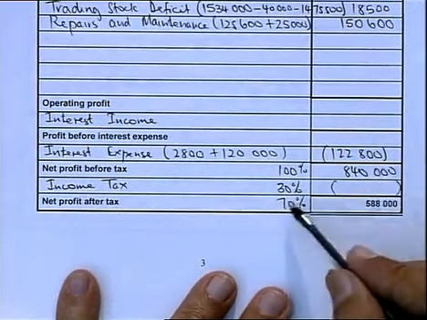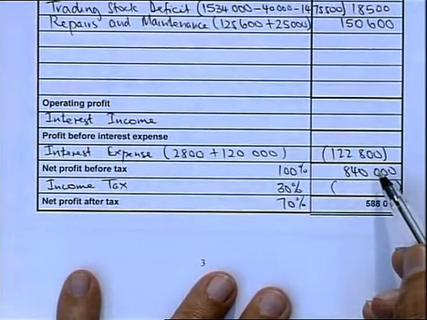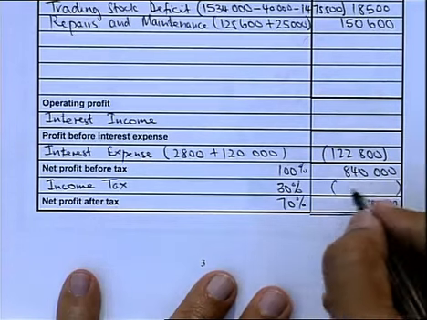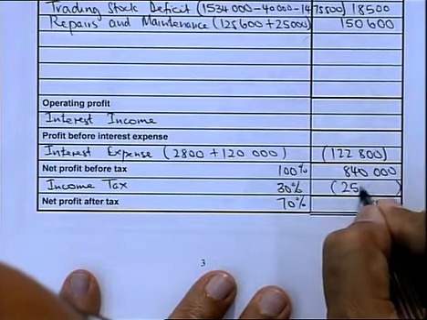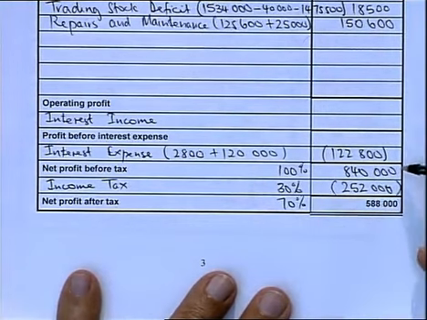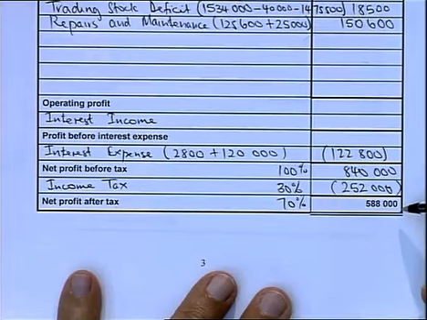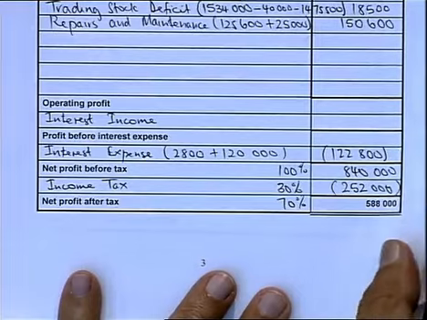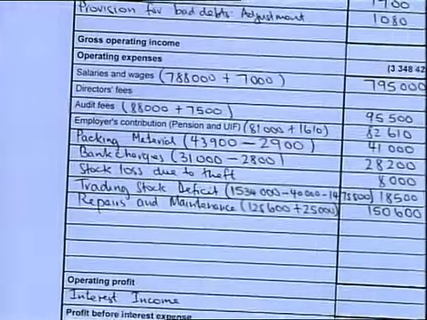Then we can go ahead and calculate the 30%, and that will give me 252,000. Or you can take the 840,000 minus the 588,000, and that will also give me 252,000. Okay, there are still a few adjustments that we have to do.